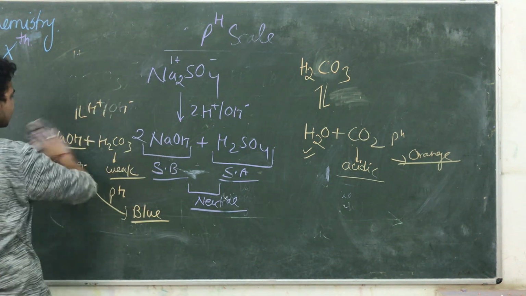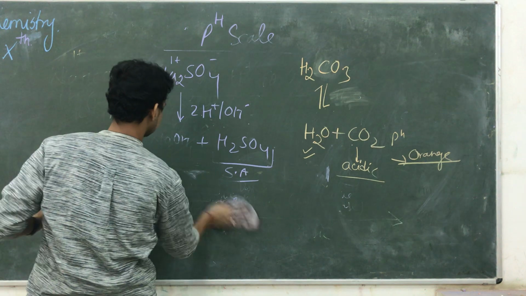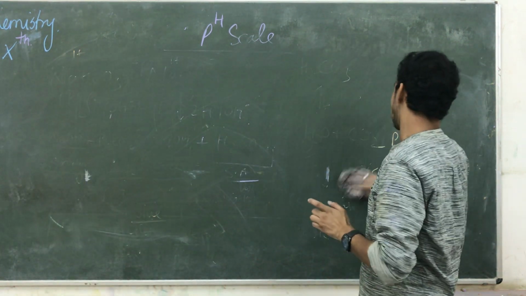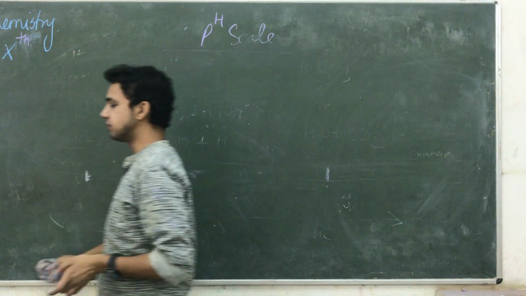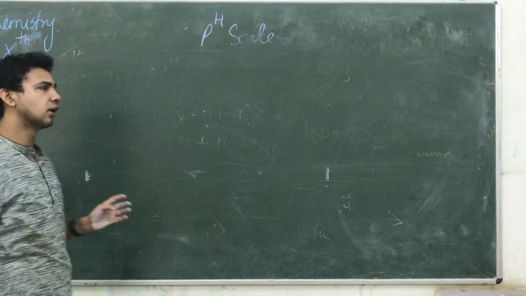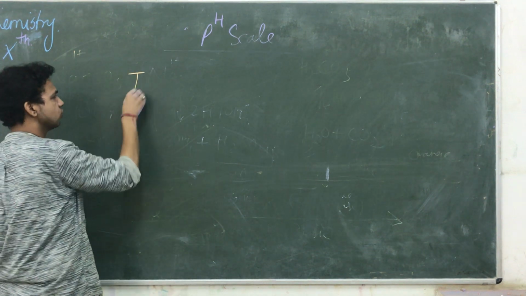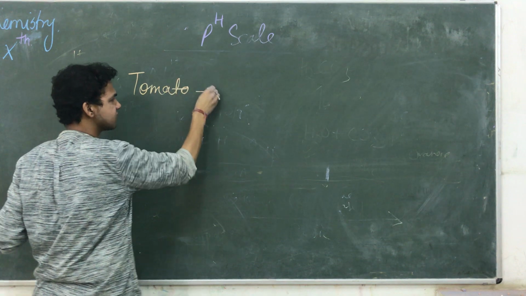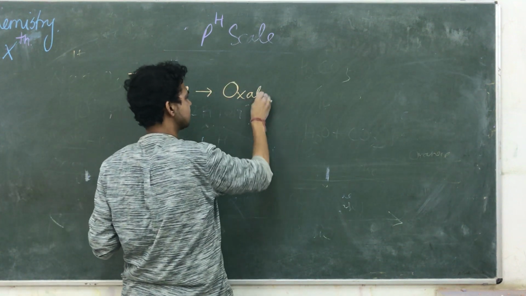Okay, so the next one is: all the organic acids obtained from organisms are weak in nature. So the acids that come from organisms have a low acidic strength. Like tomato, tomato is giving you oxalic acid.